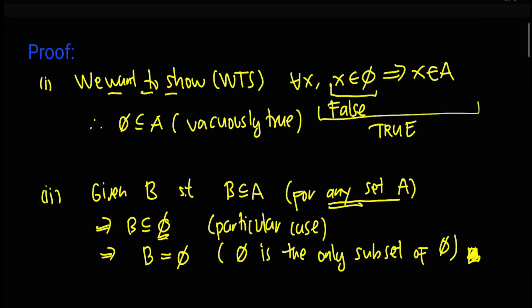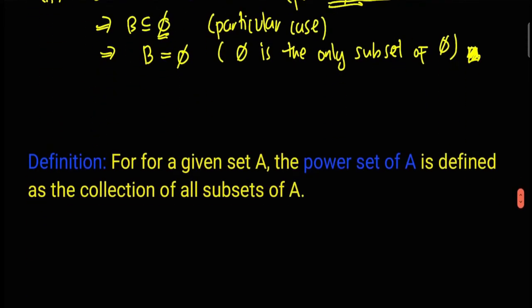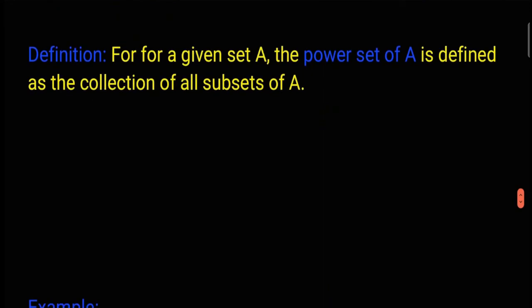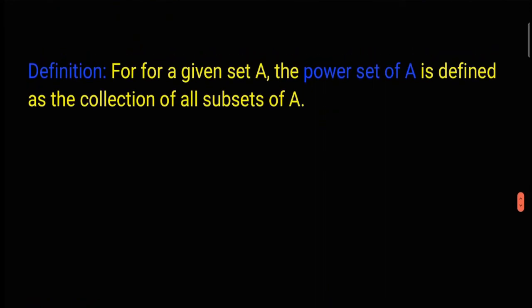Okay? Now, another interesting set that we want to discuss is the power set. For any given set A, the power set of A is defined as the collection of all subsets of A. So, all you need to do is to get the subsets of A. Usually, we denote the power set using the script symbol P. So, the power set of A is the set containing all sets U such that U is a subset of A. You get a subset of A, then that becomes an element of the power set.